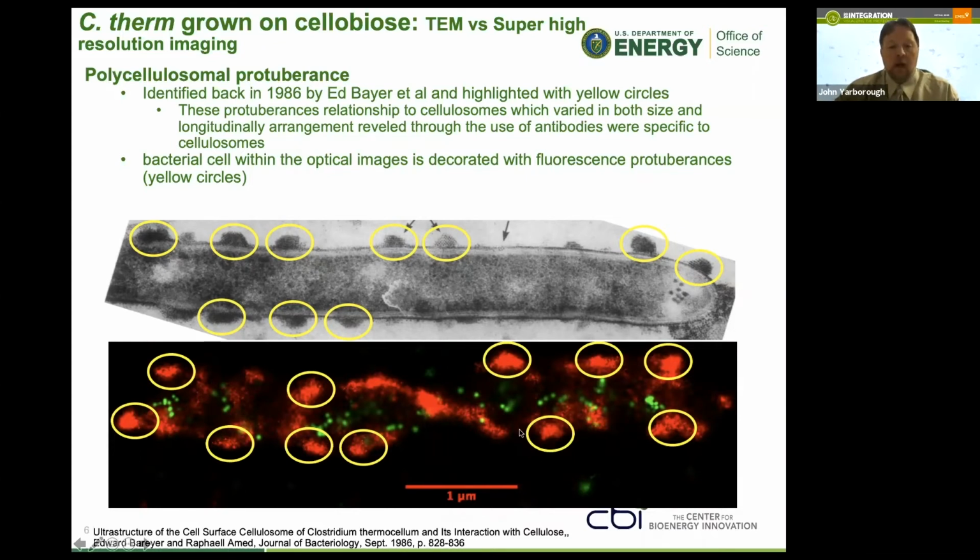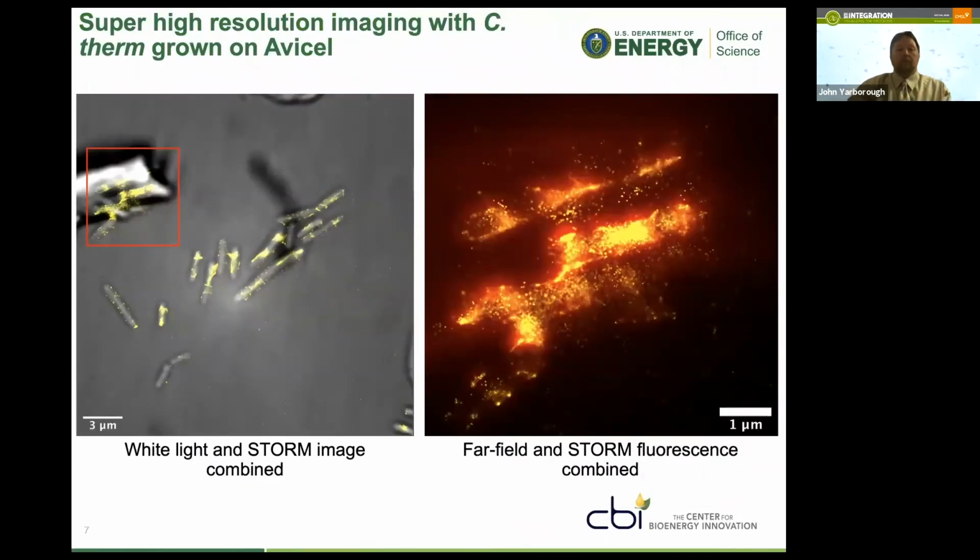And we can see in the optical image, it actually decorates, twists around the bacterial cell, and that bacteria is heavily decorated with these polycellulosome protuberances. And they're very similar in the structure of Ed Bayer.